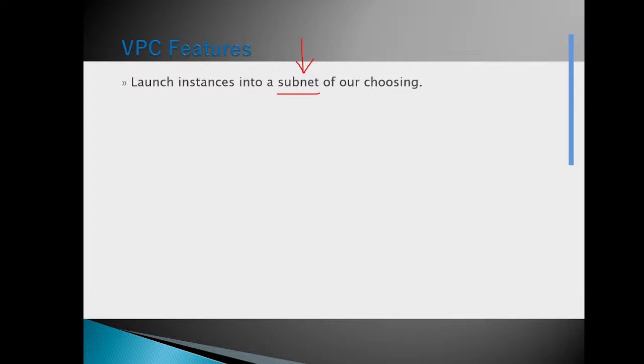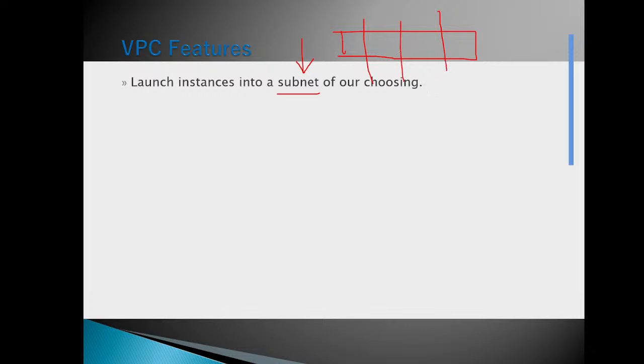What is subnet? Anybody know what is subnet? Okay, so subnet, or subnetwork. I'm creating my network into small chunks. We call it subnetworking. I have a network.